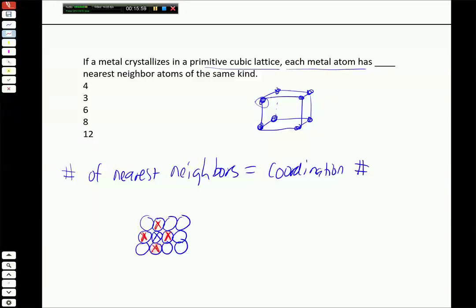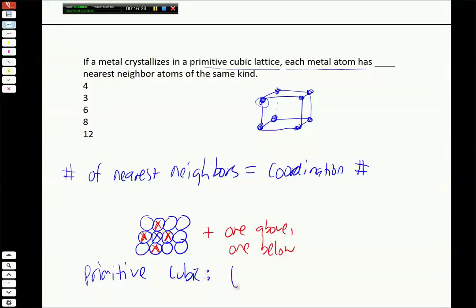And then as we stack this layer, it's also going to have one above and one below that are equally the same distance from it. And so what that means, this hopefully helps you understand this number a little bit, but if you just want to memorize it, the number of nearest neighbors in a primitive cubic is going to be 6. So a primitive cubic lattice, you'll have 6 nearest neighbors for every atom in the structure.